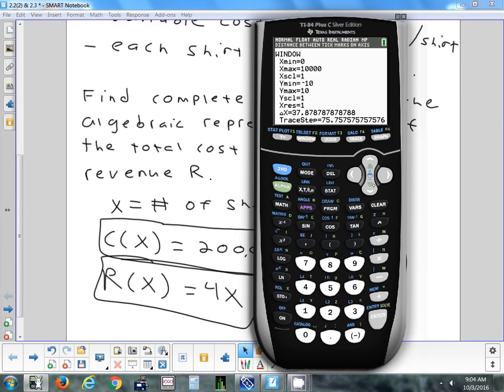Okay, y is our cost or our revenue, depending on which graph you're looking at. Either way, negative costs and negative revenue don't make sense. Okay? You can have negative profit, but not negative cost or revenue. All right, our y min 0. Let's set our y max at, yeah, we could go 300,000. I'm going to even go 350.